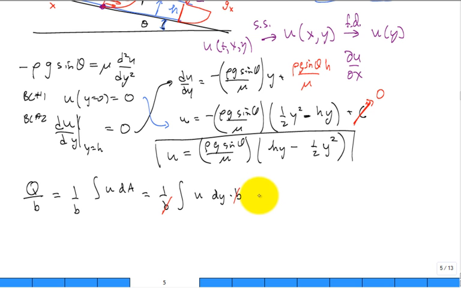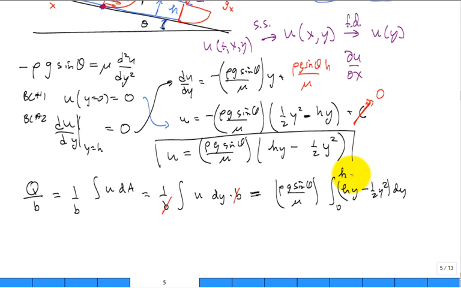And so now I have to do this integral. I can pull outside the constant rho g sine theta over mu, the integral of hy minus 1/2 y squared dy from 0 to h.